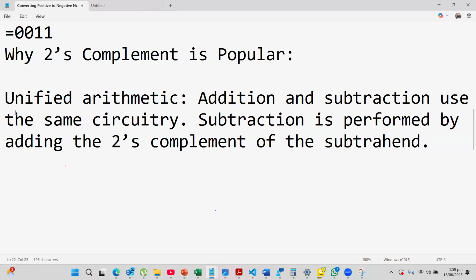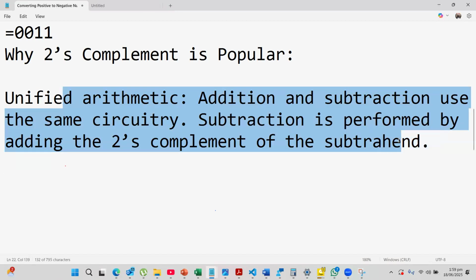Addition and subtraction use the same circuitry. Subtraction is performed by adding the 2's complement of the subtrahend. So because the mechanism for addition and subtraction are the same, it makes it easier for the computer to implement this in its operation.